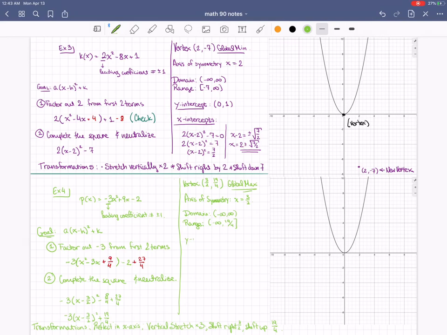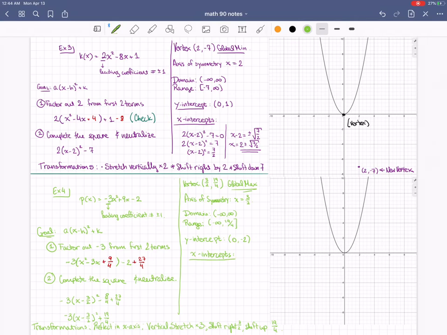For the intercepts, so the y-intercept is always a good one to start with, because all you need to do is look at the function before we did anything to it and find the constant term, which in this instance was -2. So the y-intercept occurs at the point 0, -2. For the x-intercepts, we know there's two of them. We've already kind of visualized the graph.